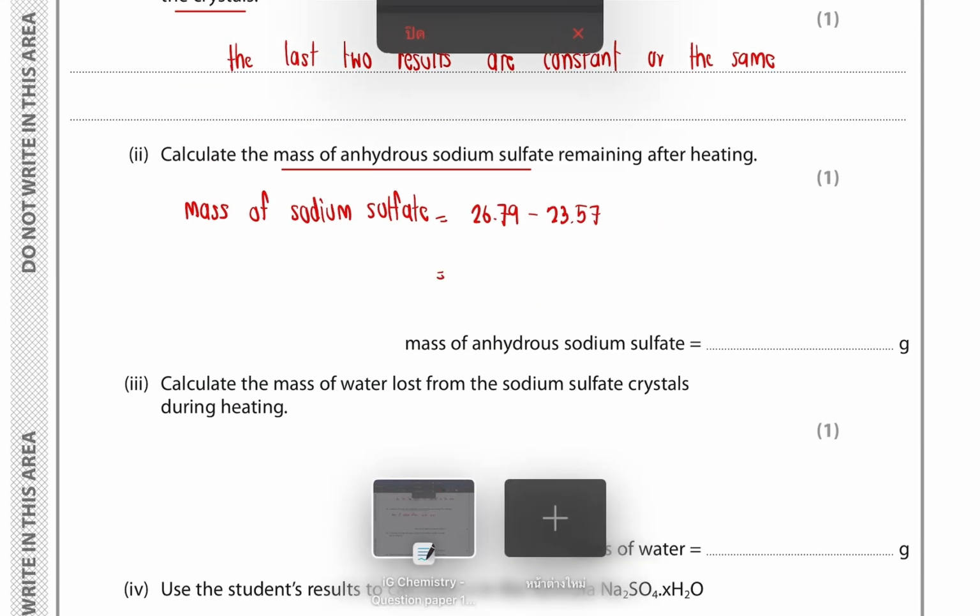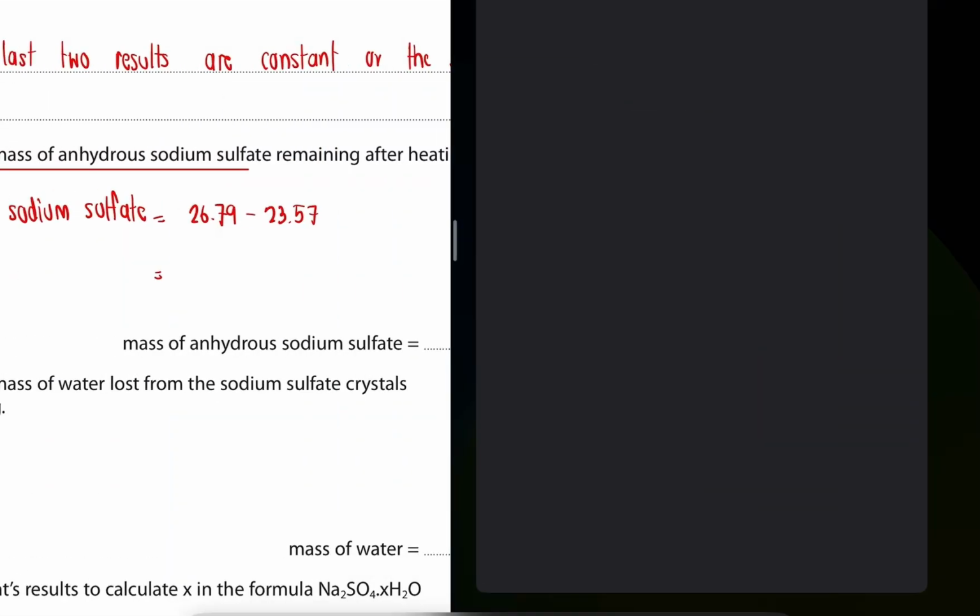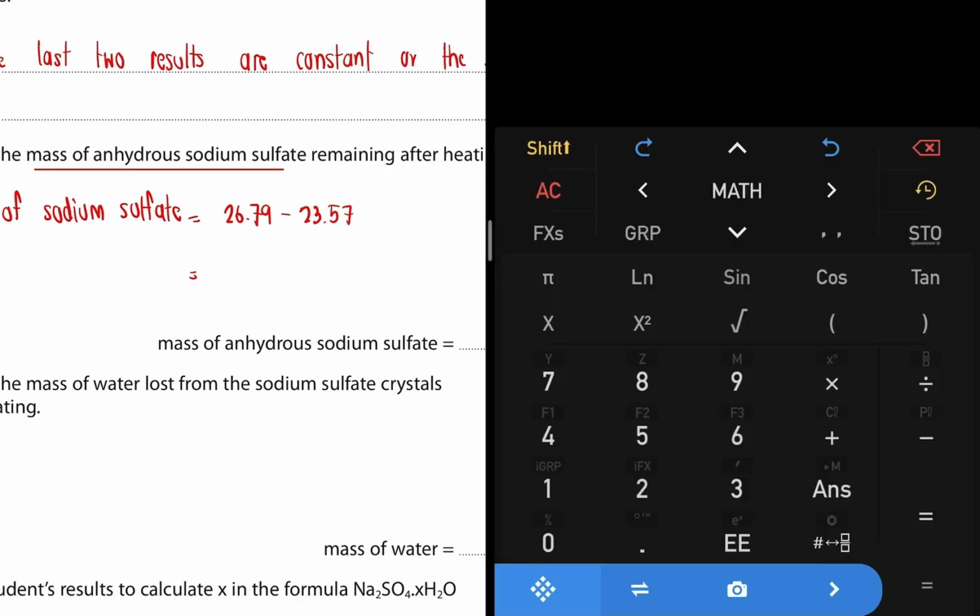Okay, so we will have 26.79 minus 23.57, which is equal to 3.22.